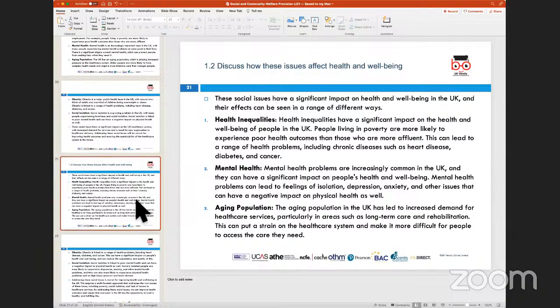So when we talk about health inequalities, we can talk about people living in high deprivation areas, which could be coming, for example, from the BAME community, Black, Asian, minority ethnic community. And these ethnic communities have a very different approach to how some of these things are discussed openly.